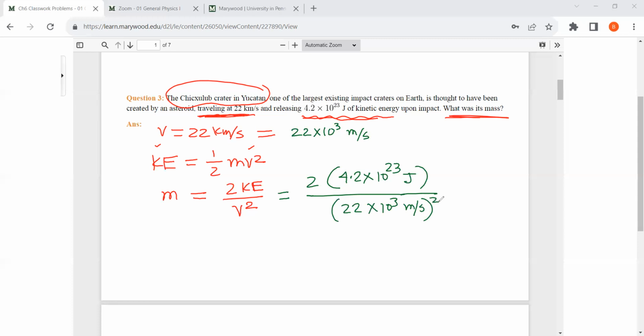Then just plug this into the calculator, and it gives me this number. Check whether you get this number or not. The mass should be in kilogram, which is the standard international unit for mass. See whether you get this or not.